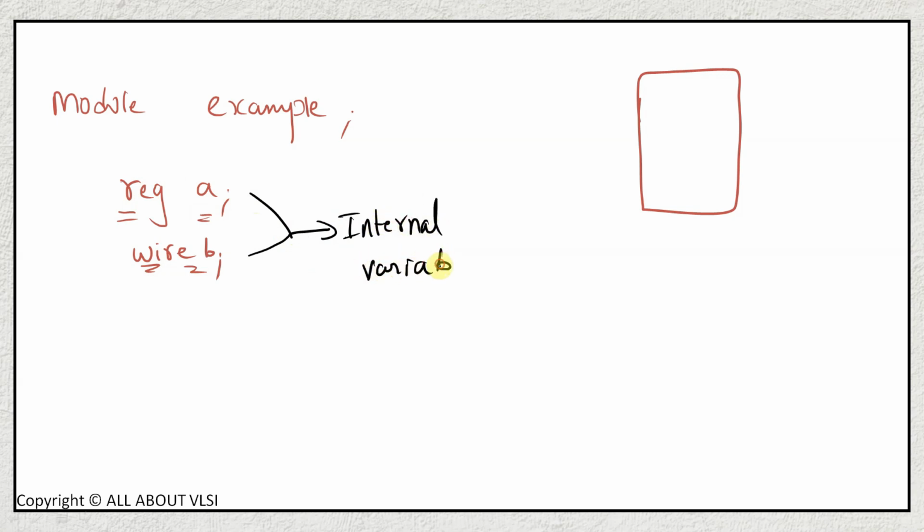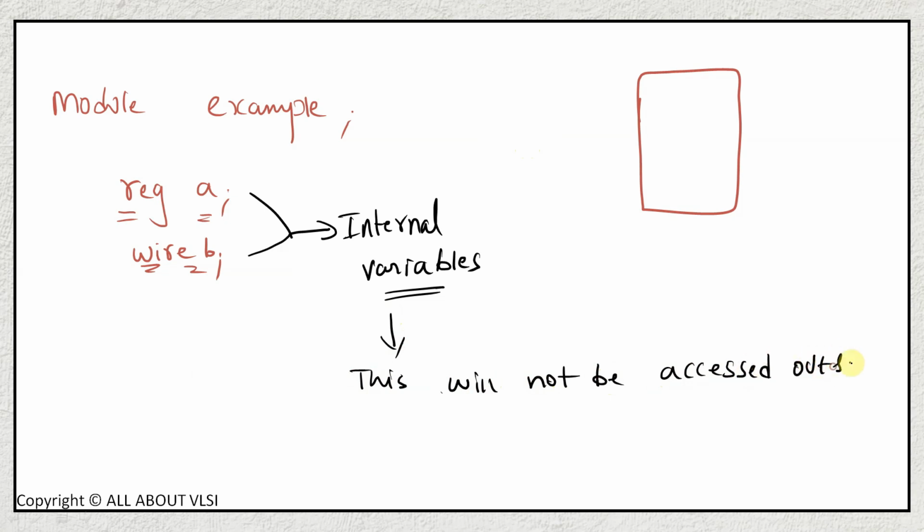These variables will not be accessed outside your module. If you want your variables to be accessed outside the module, then you should definitely declare them with your ports, that is input port, output port, or inout.